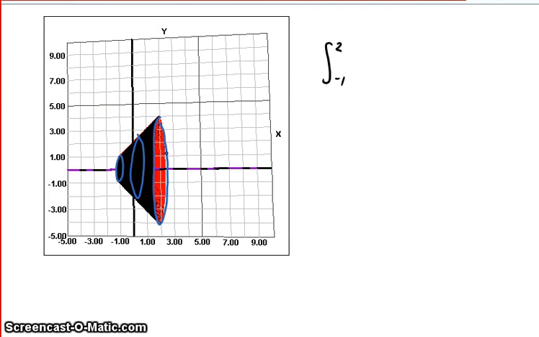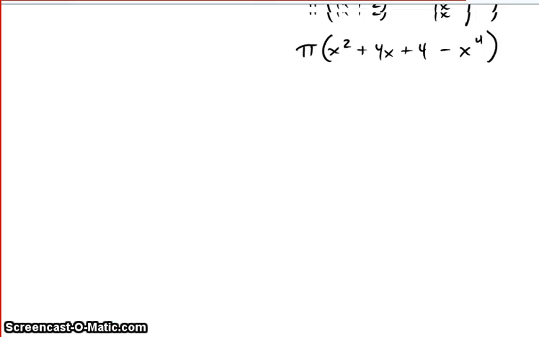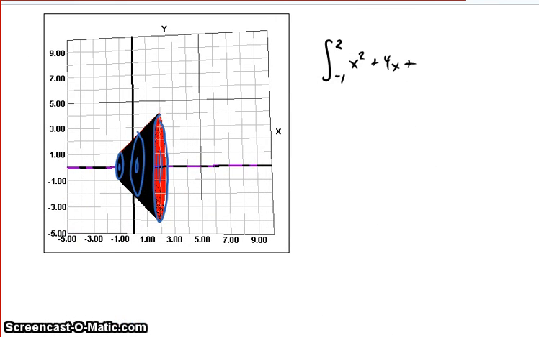Might as well put the insides of these circles just to remind ourselves that these cross sections are actually going to be washers, something like that. And the area of each washer is x squared plus 4x plus, what is it, 4, minus x to the 4th power dx.